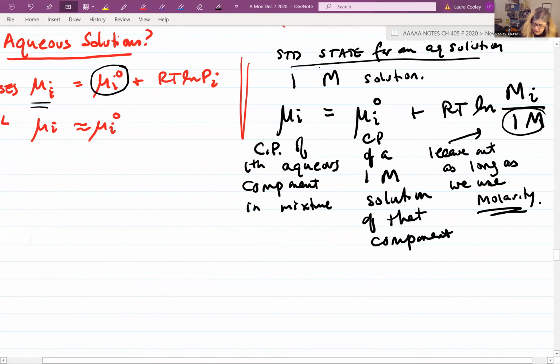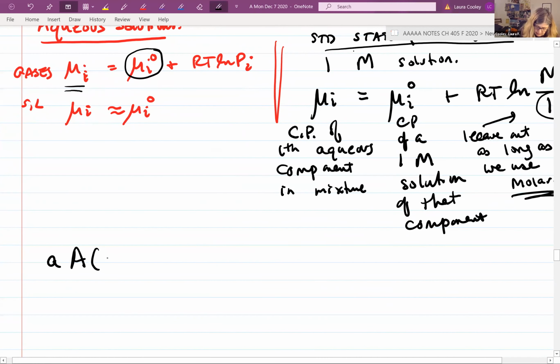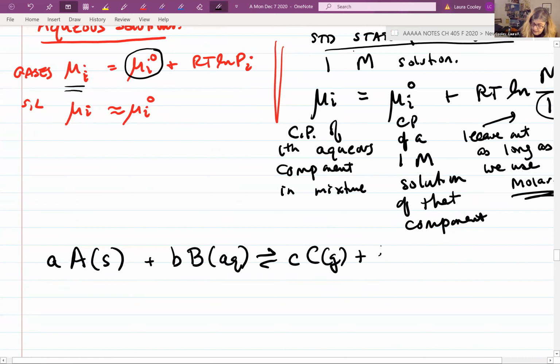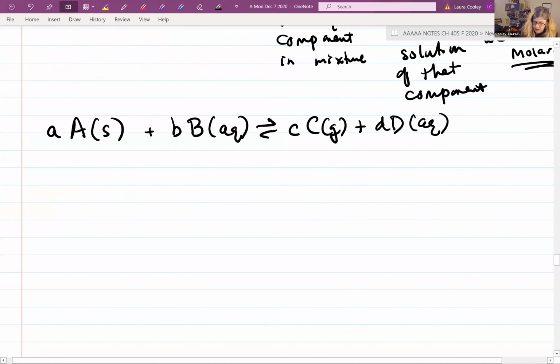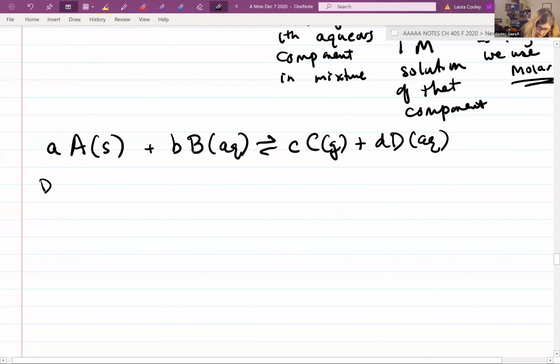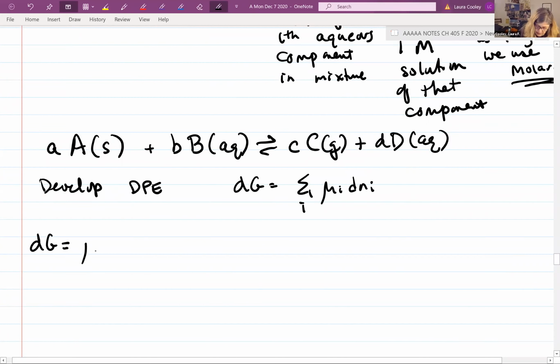So if we consider a more complicated example, suppose A is a solid in our reaction and B is aqueous and C is a gas and D is another aqueous component. So we have this reaction here, and you develop the direction predictor equation. You always start with this. So dG is, and really the fact that it's solid and liquid doesn't enter into it yet.